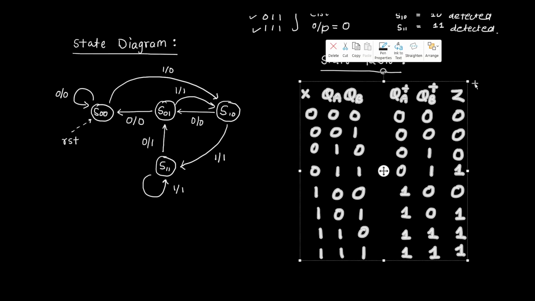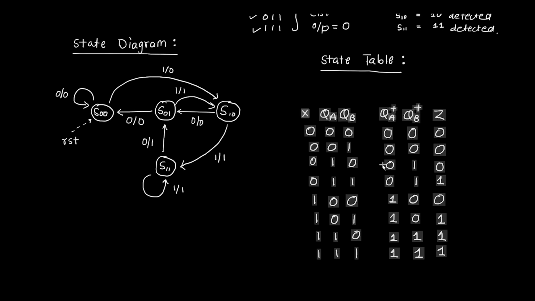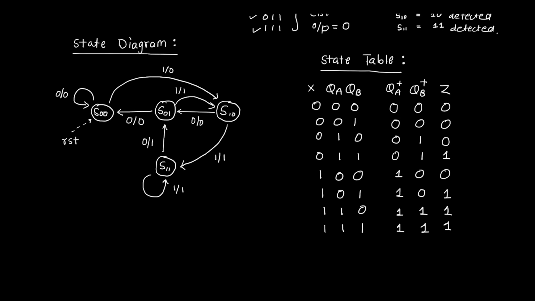Let me minimize it. Minterms are M0, M1, M2, 3, 4, 5, 6, 7.